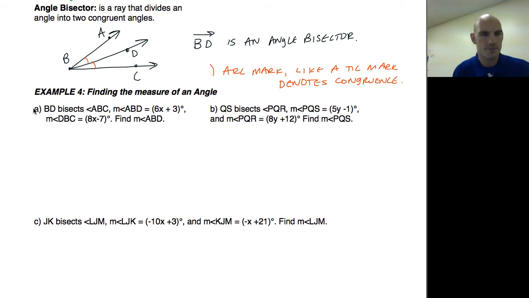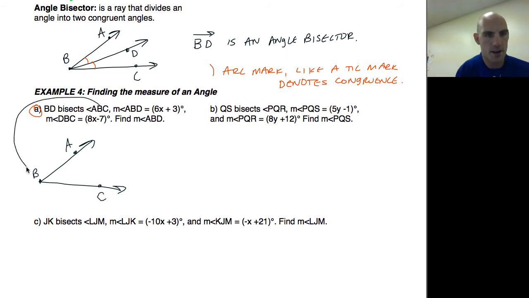Let's look at this example A here. BD bisects ABC. Once again, draw that picture. I'm going to put A, B, C, noting of course that B is the vertex.